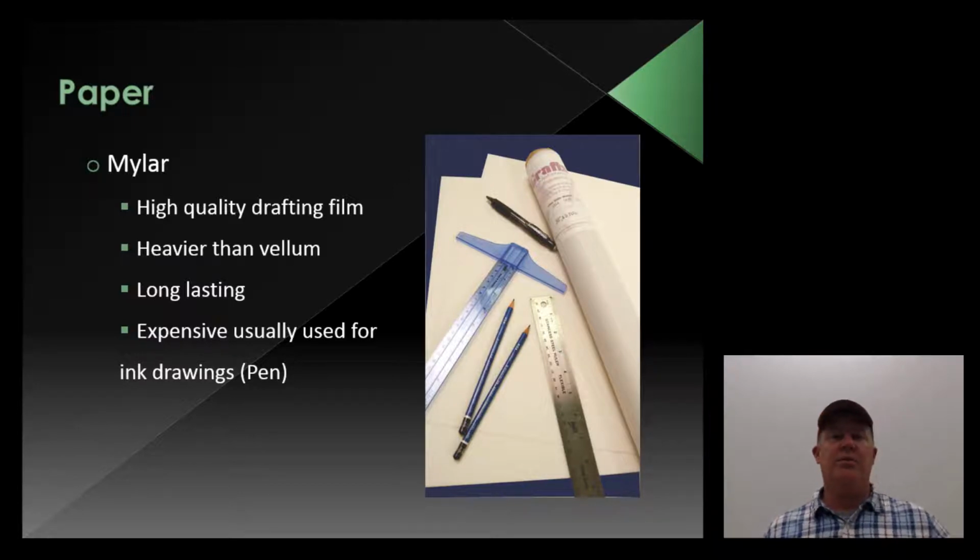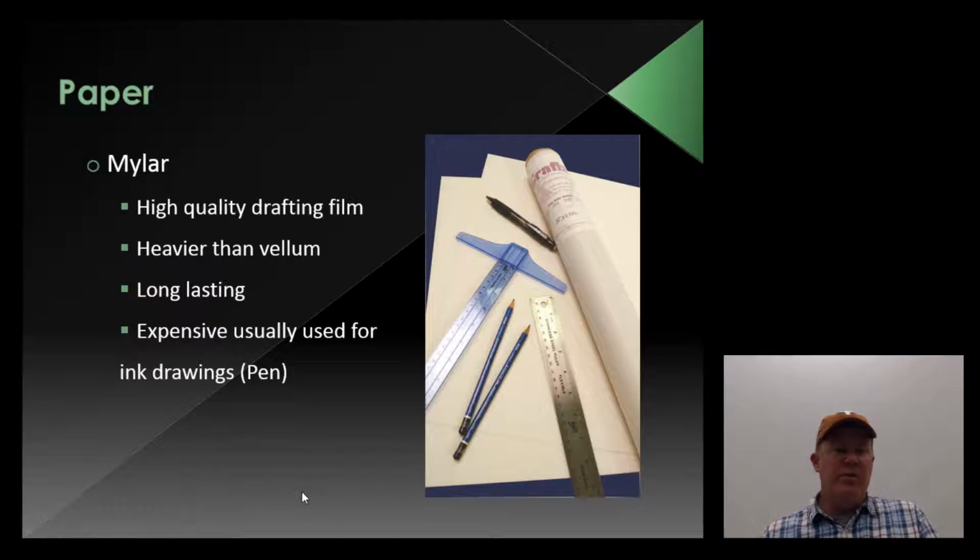We actually had a blueprint machine in the classrooms, and it would smell of ammonia and everything like that. But they would run a print, then erase their Mylar, then draw the next part of their project, run prints, erase the Mylar, and did that their entire 2-year stay at Harvard. But Mylar's good.